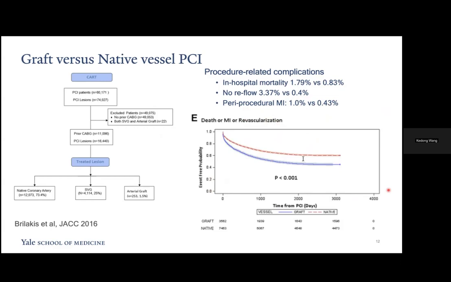One thing I should mention about this study is that the cohorts are not altogether the same, especially the vein graft population. The authors found that they were generally older and more likely to have comorbidities like diabetes and chronic kidney disease. So that can skew the data a little bit.